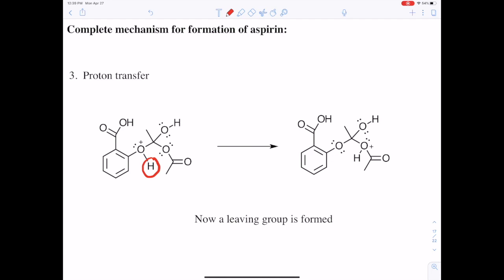The oxygen should only have 2 bonds and 2 lone pairs, and in the product, aspirin, that hydrogen is not there. So this oxygen takes that hydrogen and it moves over there like so, as you see in the product here. And now we've formed our leaving group. We're going to lose acetic acid as a leaving group.